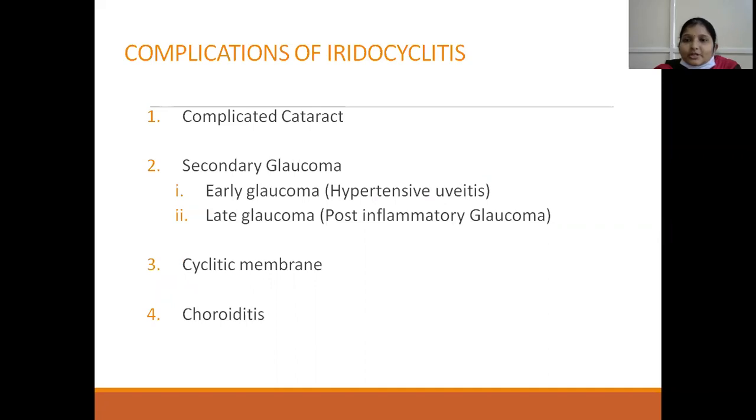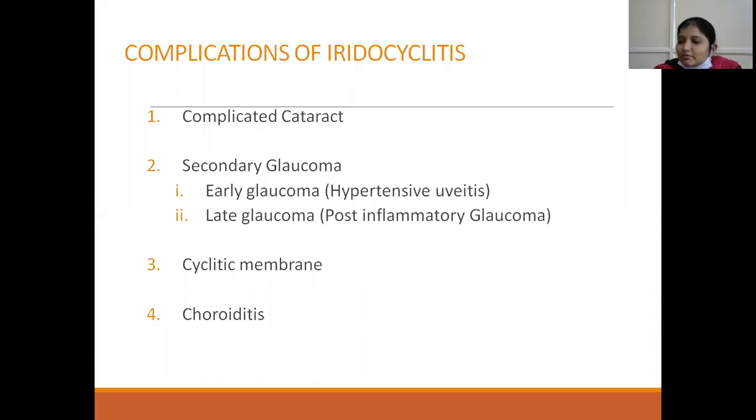So what are the complications of iridocyclitis? If we leave the iridocyclitis without any treatment, what are the complications we see? As already discussed, we can see complicated cataract. And the other important thing we can come across is secondary glaucoma. In the early stages, it is caused due to hypertensive uveitis.